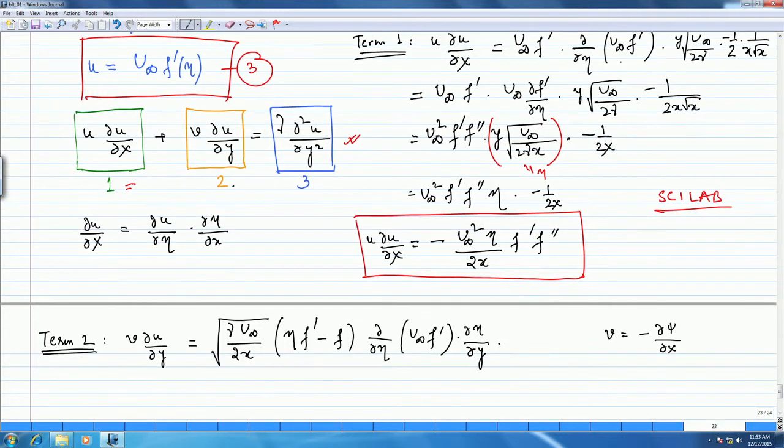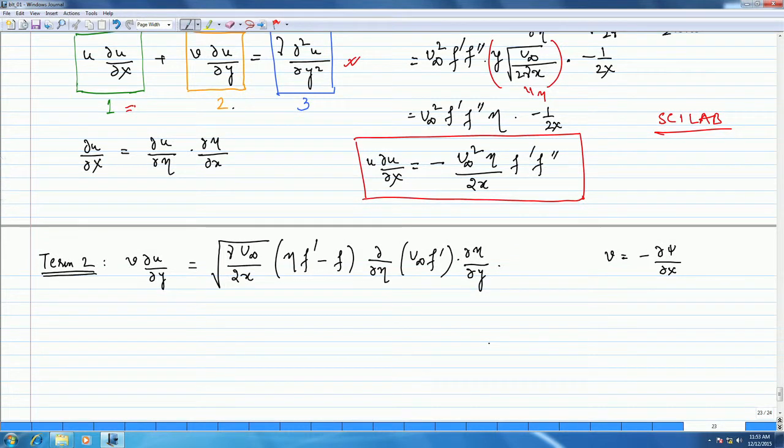If I expand this a little more, let us see what we get here. Del eta, so it is u infinity and f double dash. u infinity is a constant, so take that out.